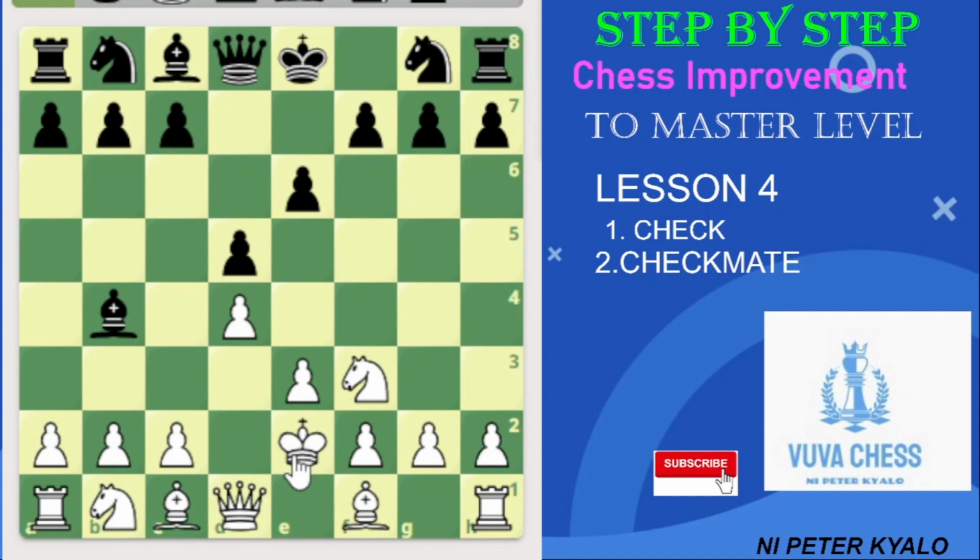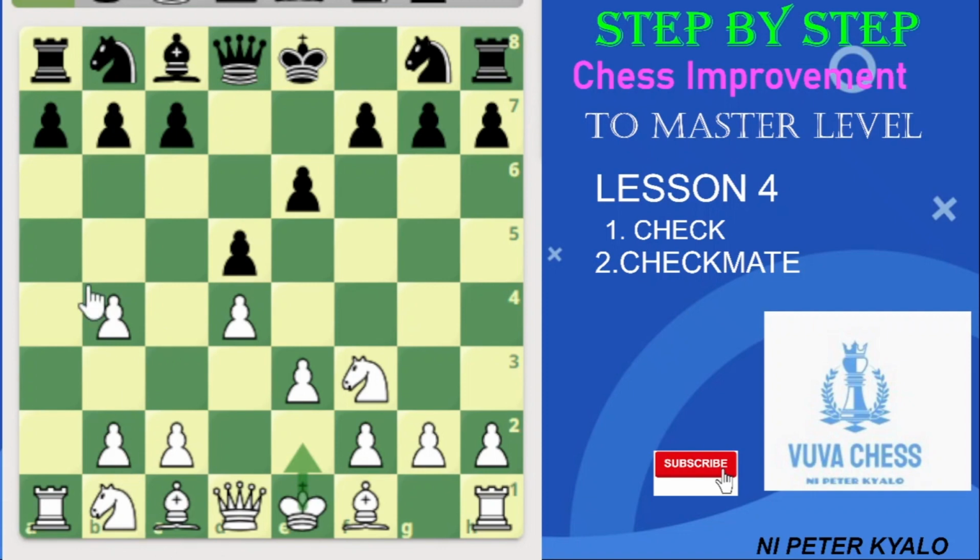The third way, if for example we had this pawn before our opponent moved this knight here, is by capturing the piece which is checking us. So we have those three ways. One is moving the king away. The second one is creating a blockade. And the third one is capturing the piece which is checking us.